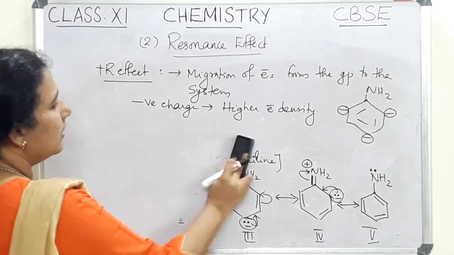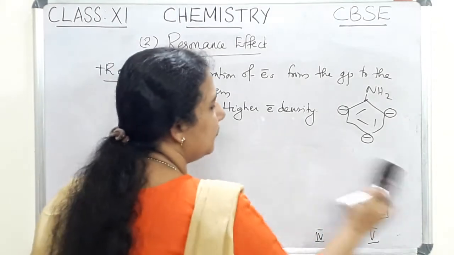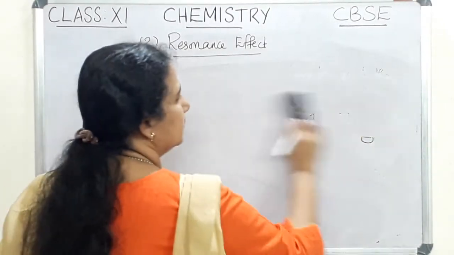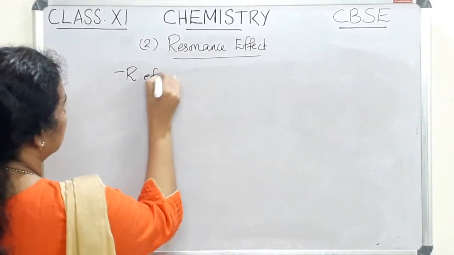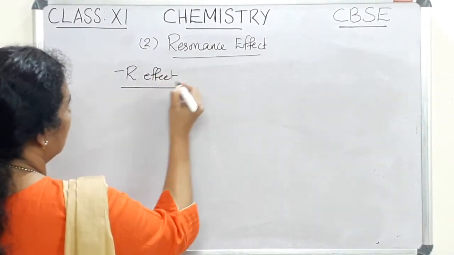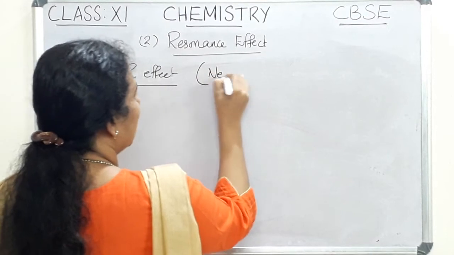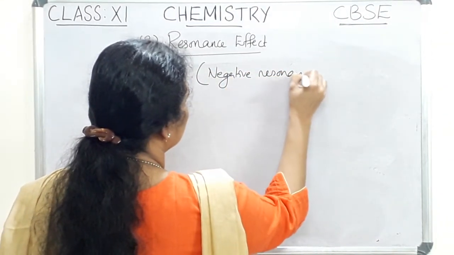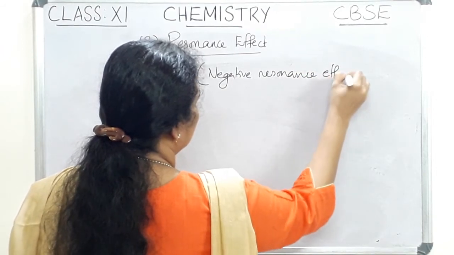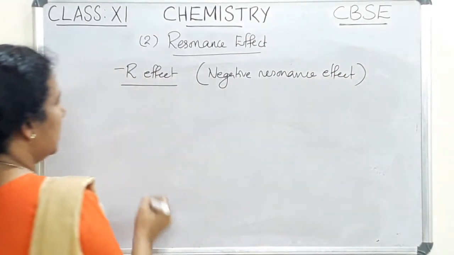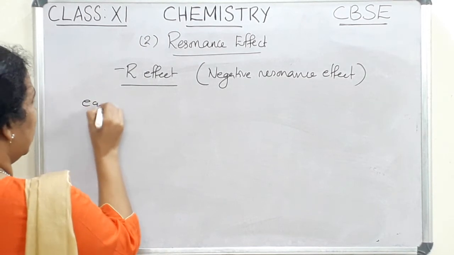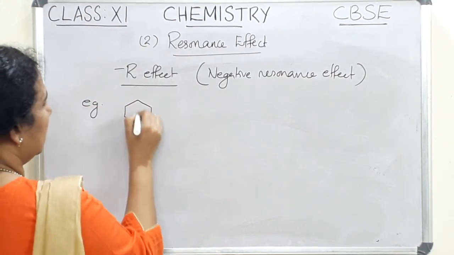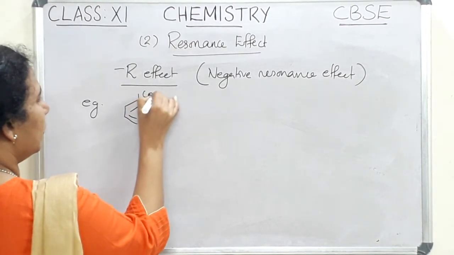Now let us see what the minus R effect, or negative resonance effect, is. In this case we can take one example: benzoic acid.